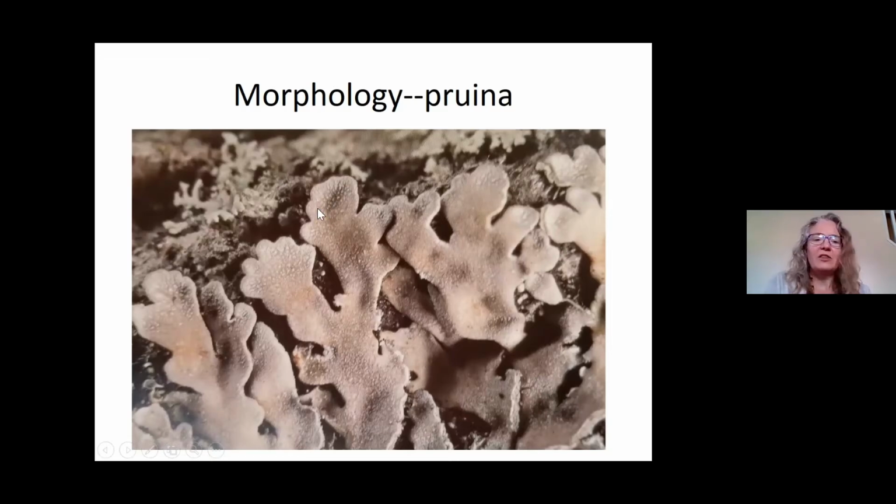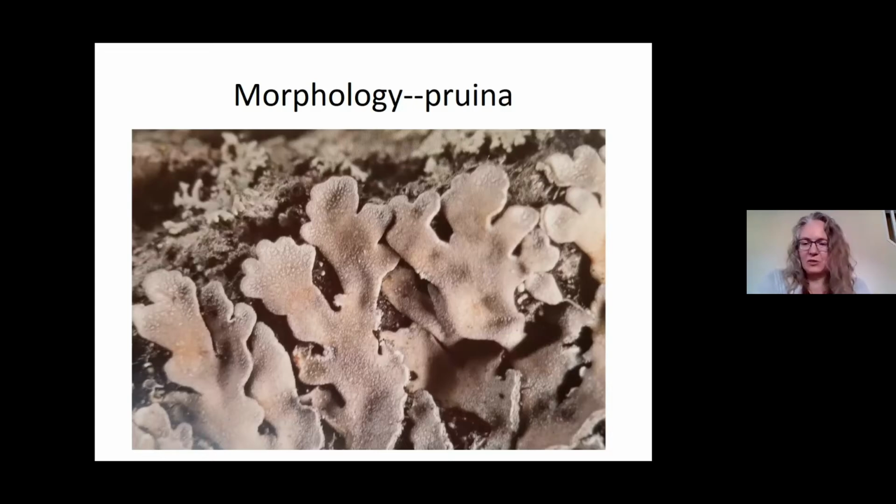Yeah. At the edges here, do you see how it looks like a window on a cold day, with that little icing, or maybe like salt evaporating from a cookie sheet? That's called pruina. And again, it's interesting to us mostly because it helps us distinguish one species from another.